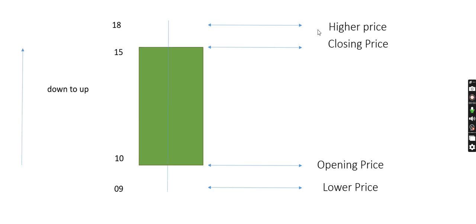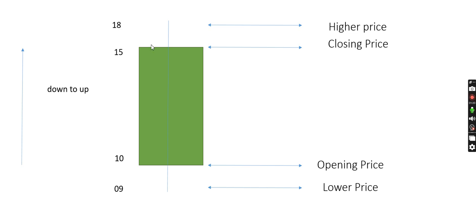So basically there are four characteristics of any candle at any time frame. First is always the opening price. For example, a share which opens at 10, that is the opening price. It goes upwards and gives a higher price in that particular time frame, for example 18.